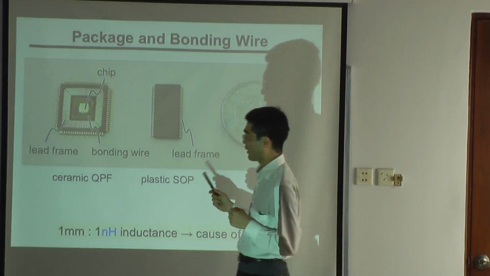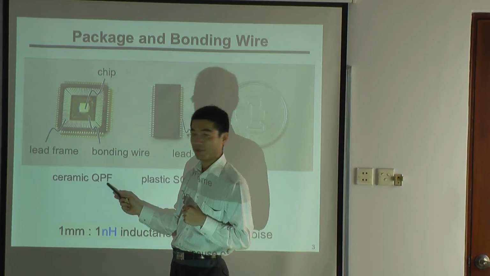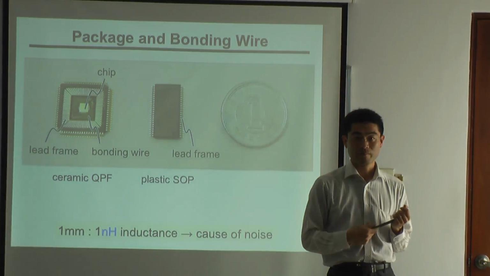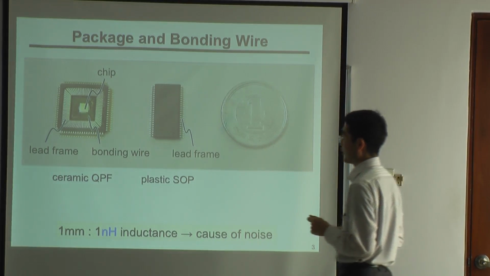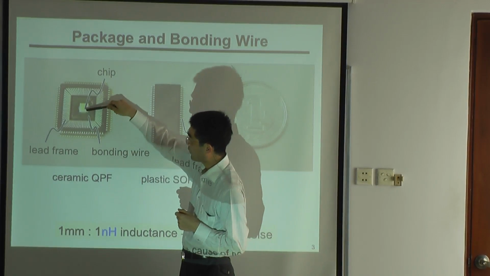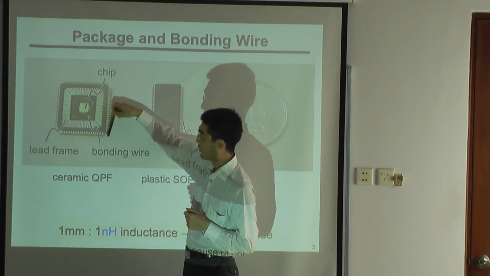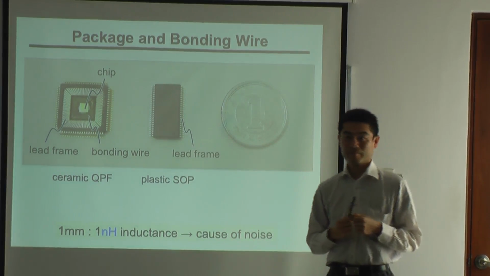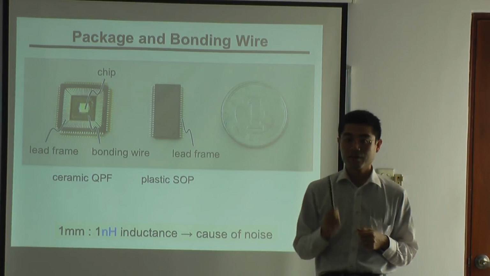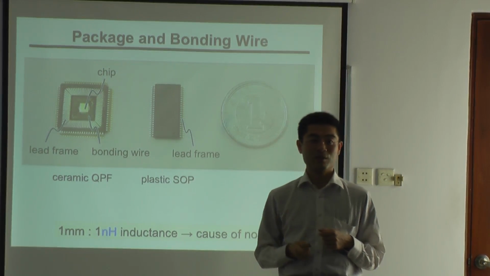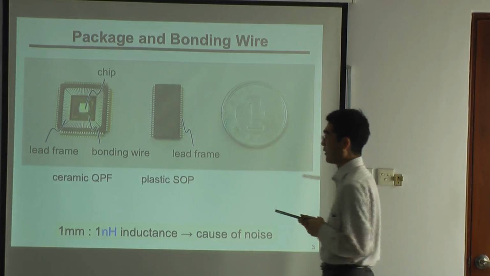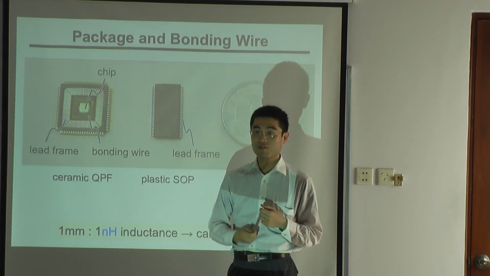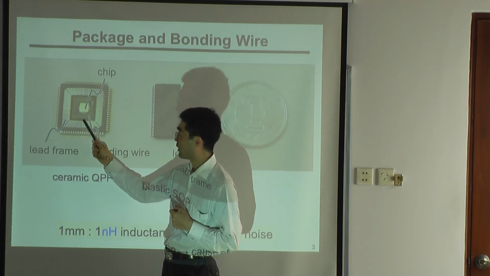In this picture, I use a ceramic QFP package, and this is a plastic SOP package. But anyway, there's a wire from here to here, and the wire always comes with inductance. Of course, wire always comes with resistance and always comes with capacitance. There is resistance from here to here, and also there is capacitance between wires.